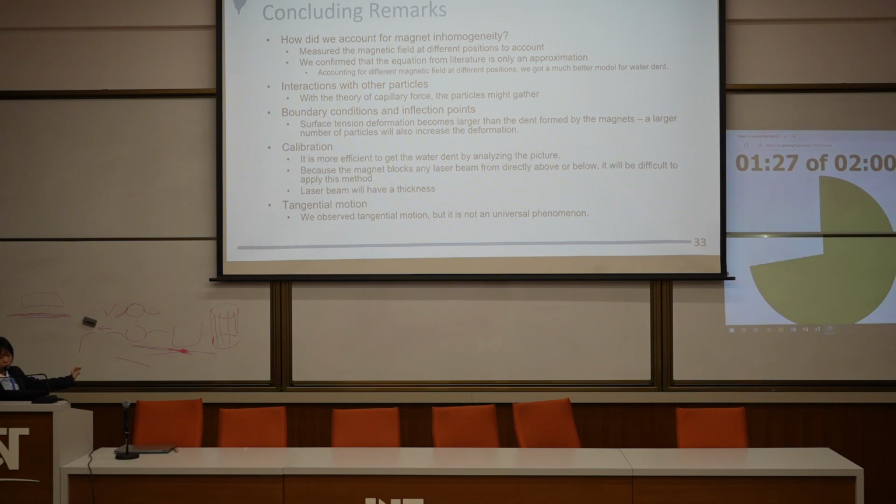We also have to bring the magnets really close in order for them to form, so when we try to get the laser in, it will have to be at a very low angle. That's experimentally hard to do, so that's why we use the photograph part. But to be honest, we also tried the laser one.